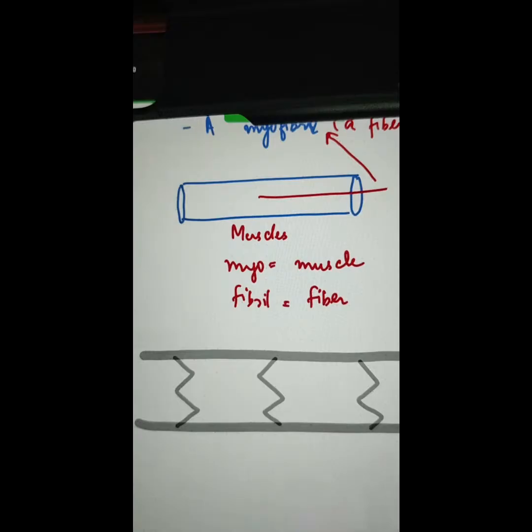So this is how you need to draw, okay? Each zigzag line is known as letter Z, okay? Distance from one Z to another Z is known as sarcomere. I hope I am clear.